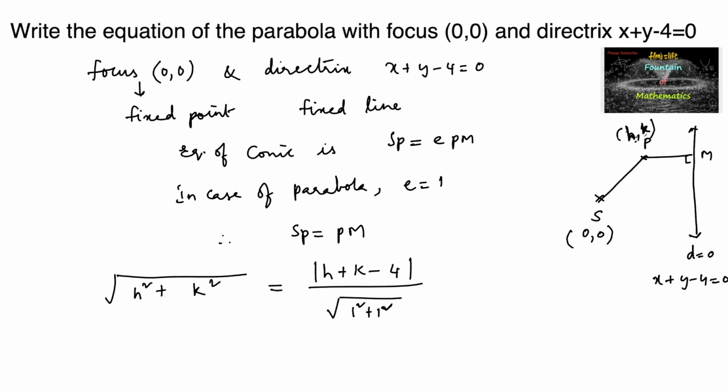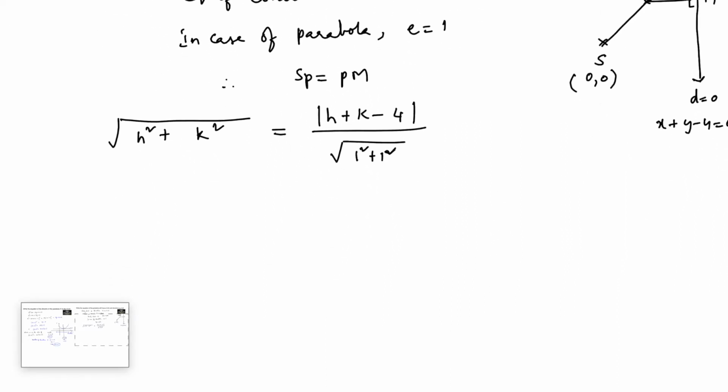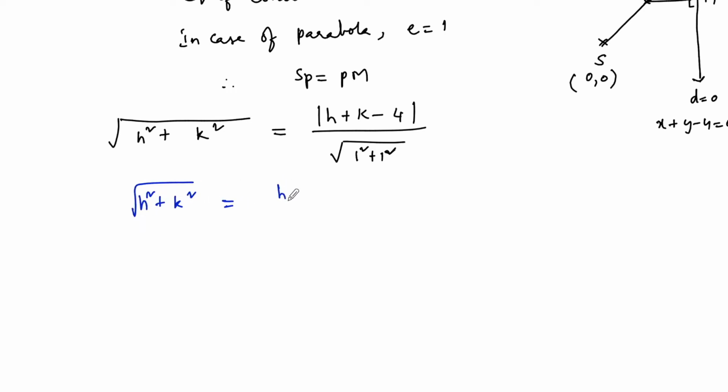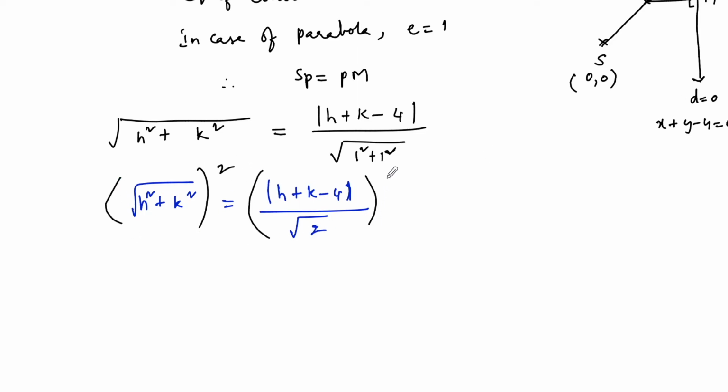So we can simplify here. The square root of h squared plus k squared is equal to |h plus k minus 4| upon root 2. Now squaring on both sides, we have h squared plus k squared is equal to (h plus k minus 4) whole squared upon root 2 whole squared, which is 2.